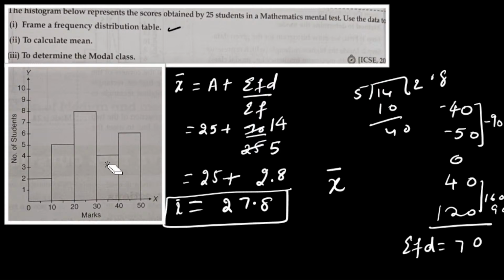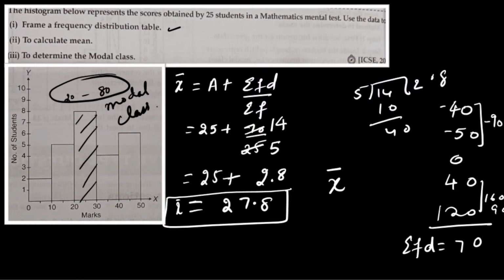Now let's do the third part of the question: determine the modal class. Which one is the modal class of this one? For the modal class, you just have to see the longest bar. Graphically, just the highest one you can see. So 20 to 30 is the modal class, corresponding to which the highest bar is there.